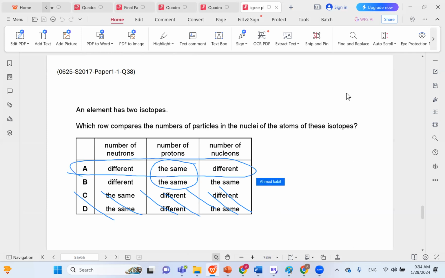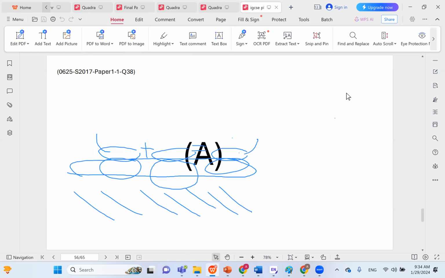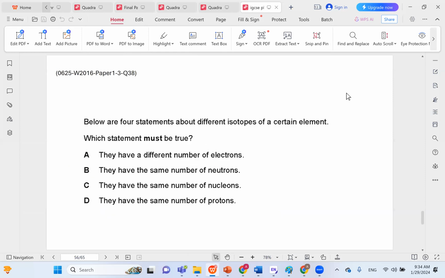Because nucleons are actually the sum of neutrons plus protons. So if the neutron number changes, then the nucleon number must change as well. So A is the correct choice here.